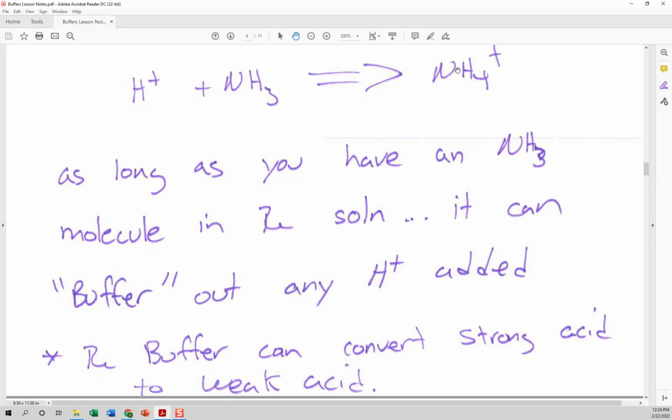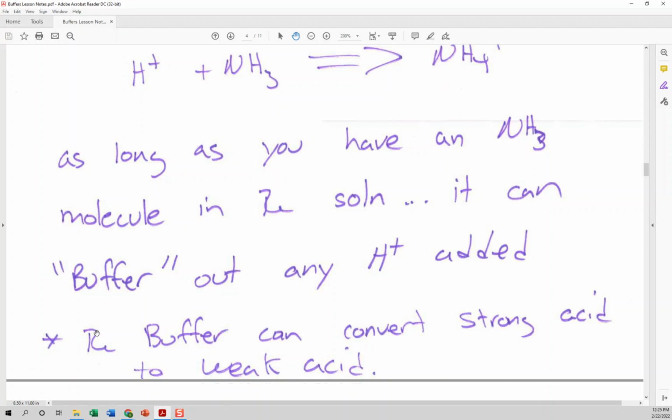So the pH is going to go down, but just a little bit. If all I was adding was H+ and the H+ stayed in solution as H+, the pH would drop dramatically. But because the H+ is being taken out by the base of the buffer, the pH is going to go down, but just a little bit, because I'm replacing strong acid H+ with weak acid ammonium in this case.